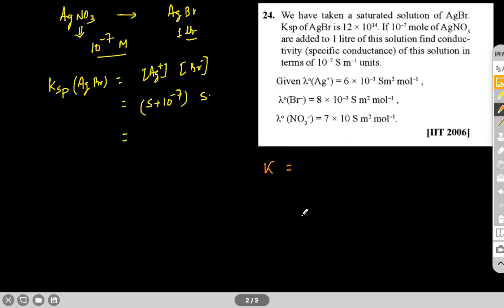These three ions are present. So we can write the conductivity equals the conductivity of Ag plus, plus the conductivity of Br minus, plus the conductivity of NO3 minus.